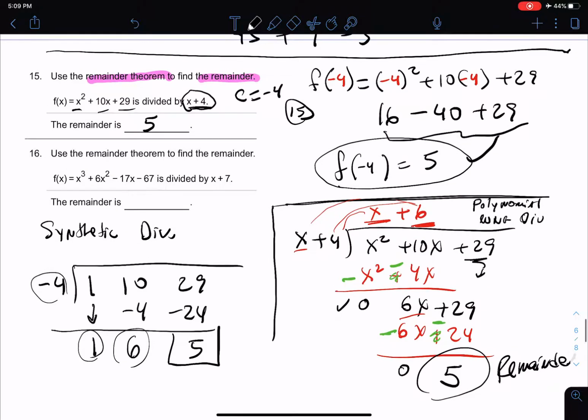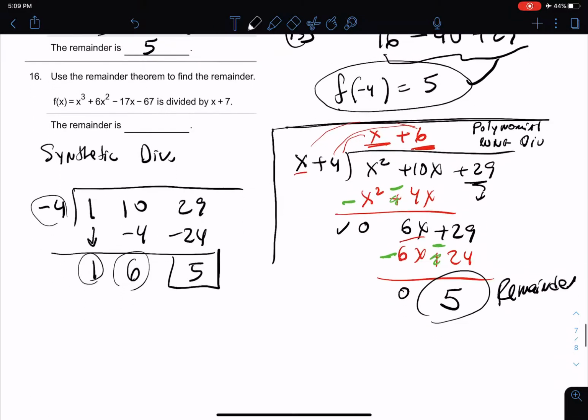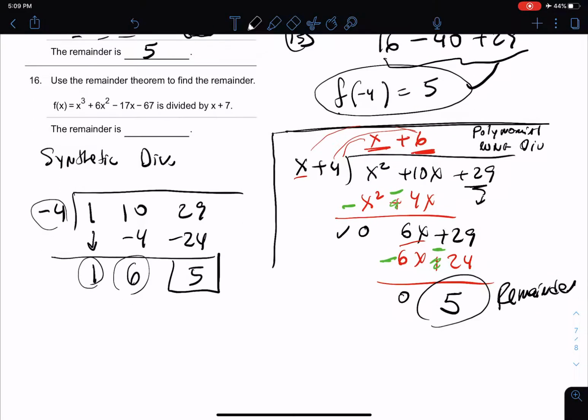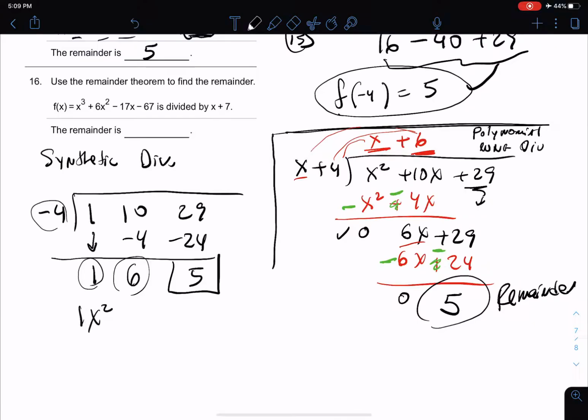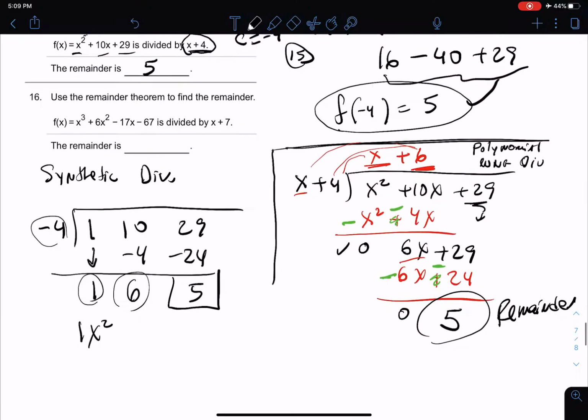It started out with a second degree problem, so it's going to be a first degree answer. So 1x plus 6, and the remainder is 5. And that's the same thing we got when we did our long division. And of course the remainder would be written as 5 over x plus 4.